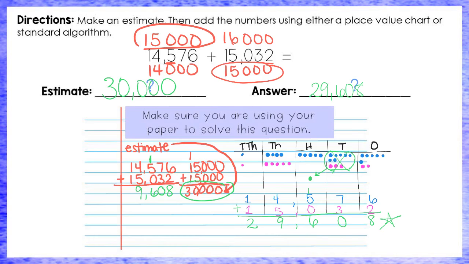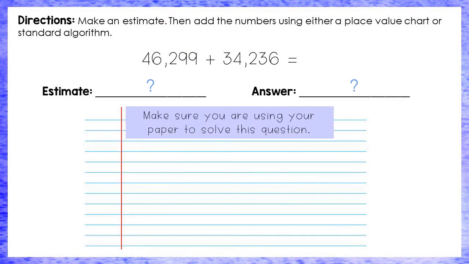And 1 10,000 plus 1 10,000 is 2 10,000s. My answer is close to my estimate. So that is probably correct. The next problem, you will do the same way, and you will type your answers in after solving it on your paper.